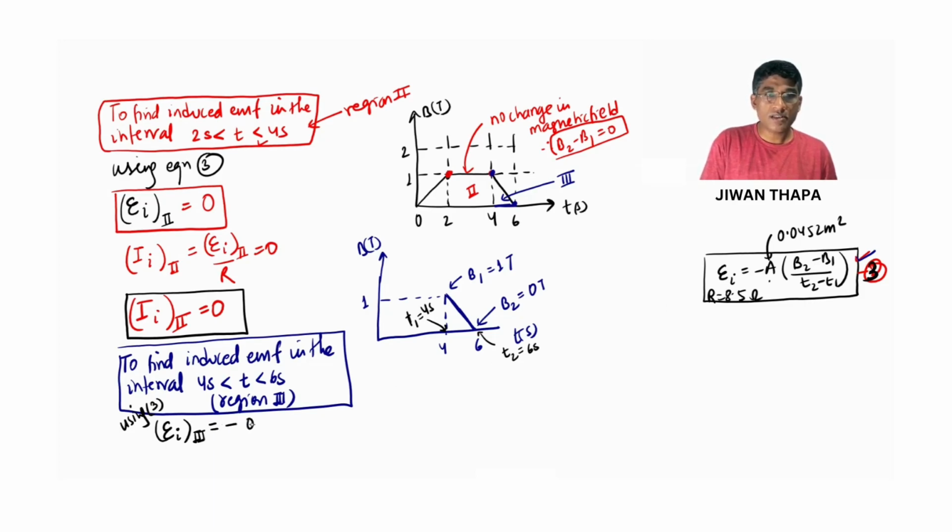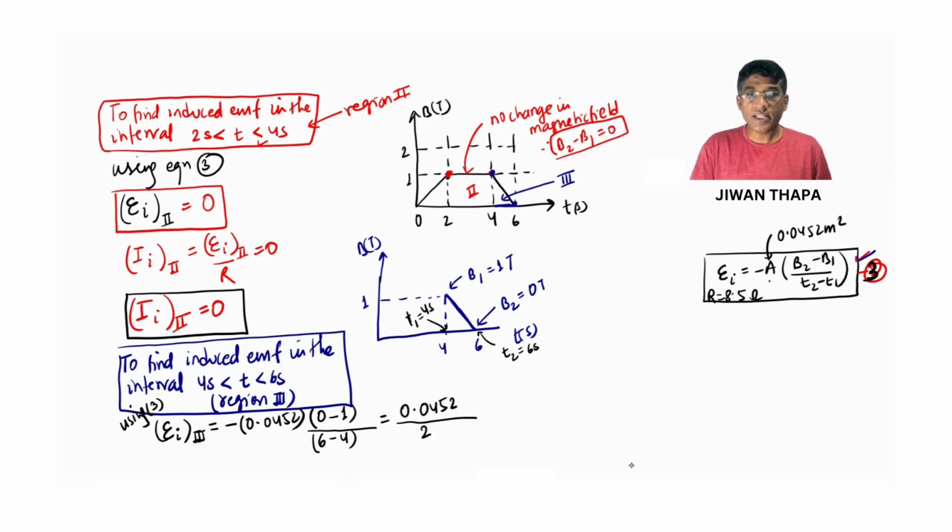We can write in this way: minus area is 0.0452, and change in magnetic field is 0 minus 1, and we have time interval 6 minus 4. So this gives us 0.0452 divided by 2.